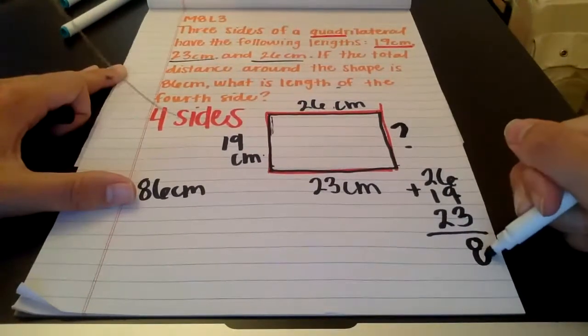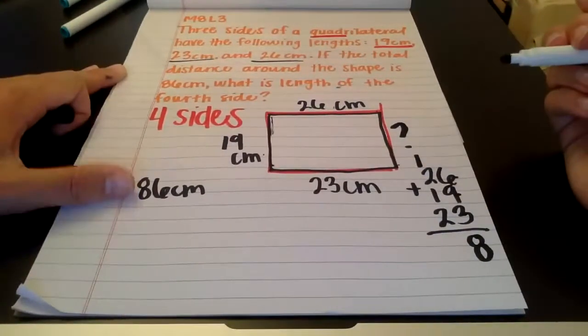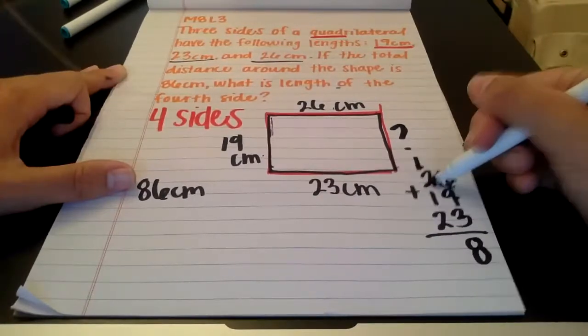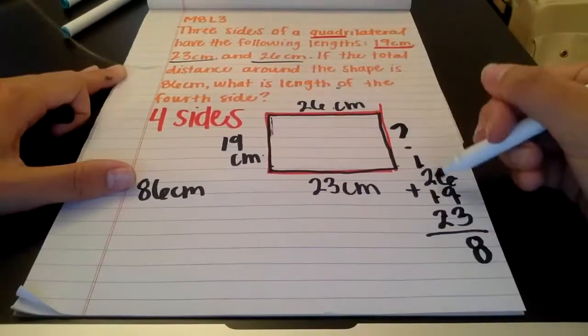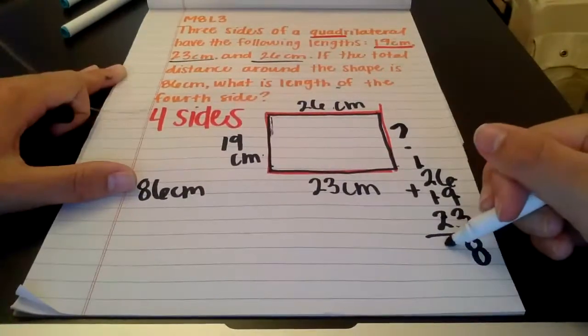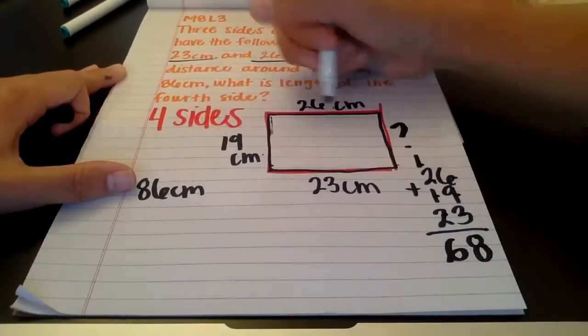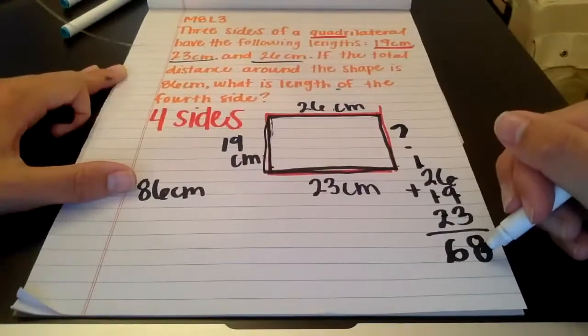So I'm going to put my 8 in my ones place, bring my 10 to the tens place. Then I have 1 ten plus 2 tens plus 1 ten plus 2 tens equals 6 tens. 68. So that tells me that 1, 2, 3 equals 68.